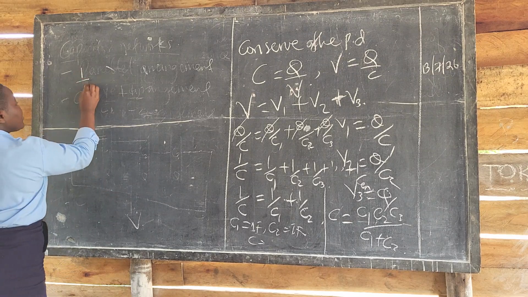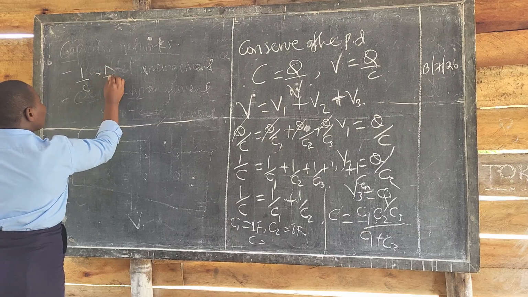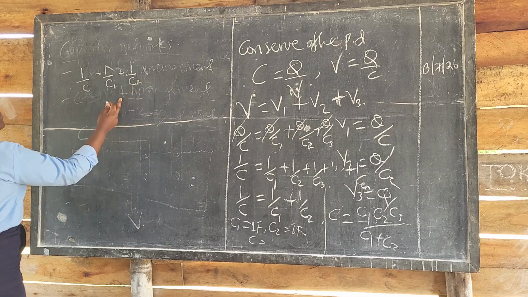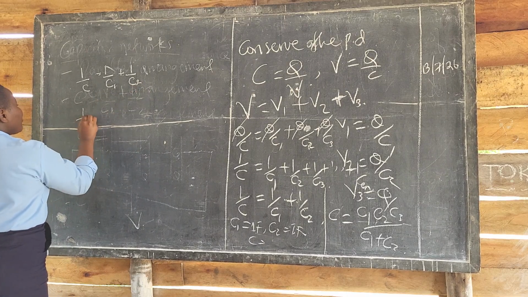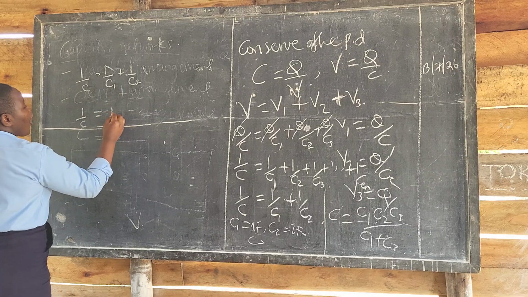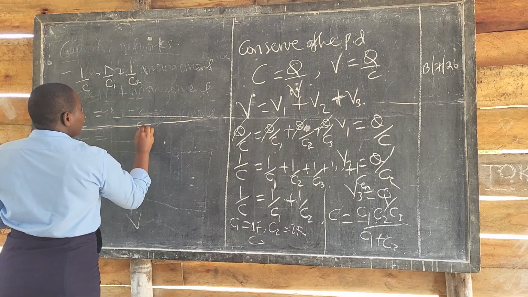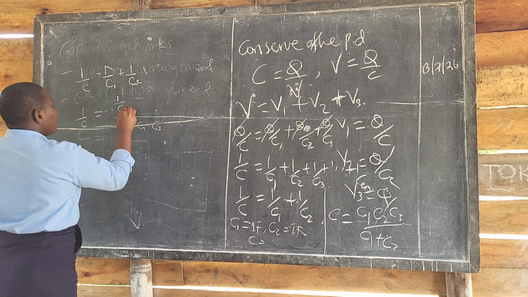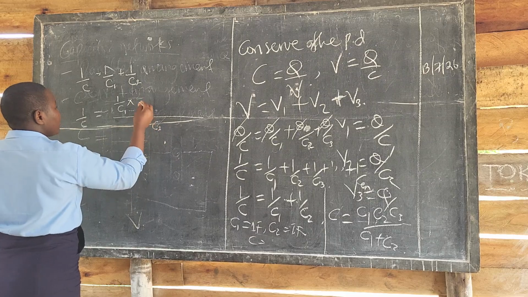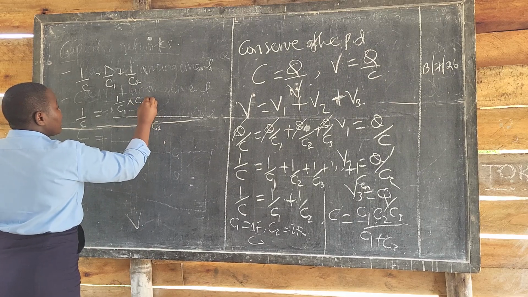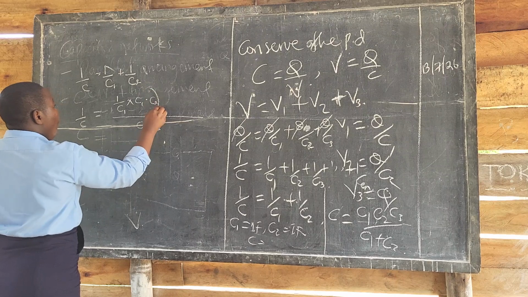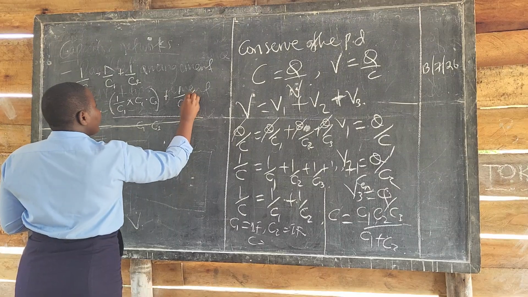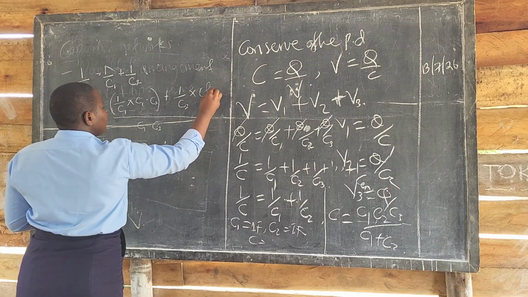It is 1 out of C, which is equal to 1 out of C1 plus 1 out of C2. The LCM is C1 and C2, so 1 out of C is equal to the LCM C1 C2. Then it is 1 out of C1 times the LCM, C1 times C2, in brackets, plus 1 out of C2 times C1 times C2.